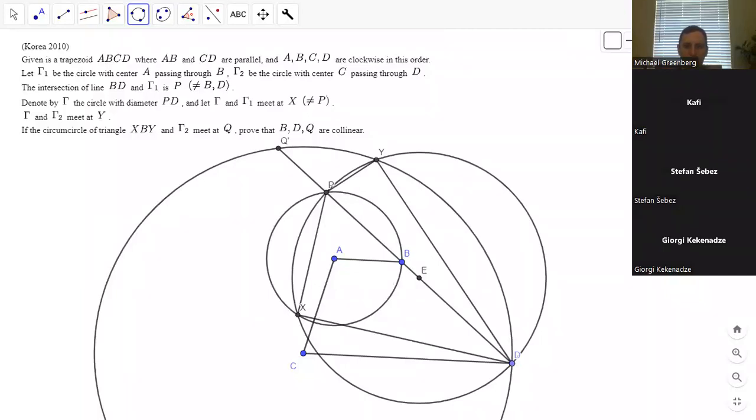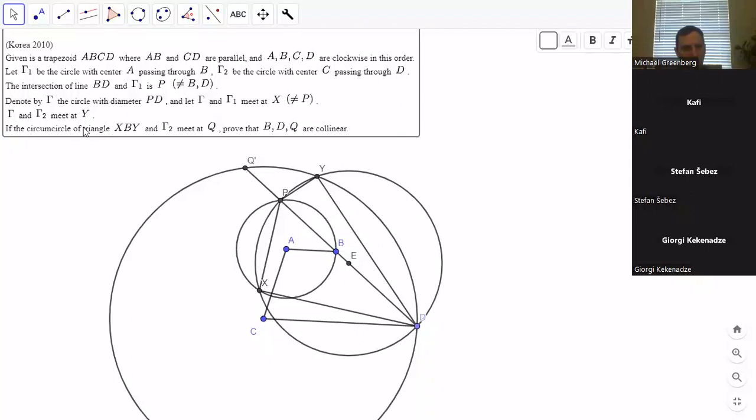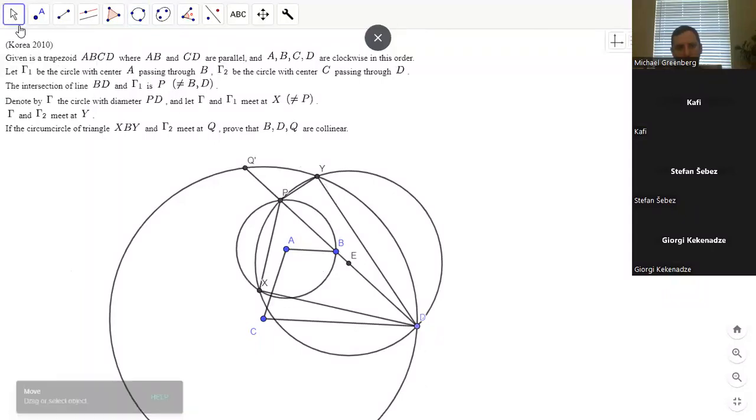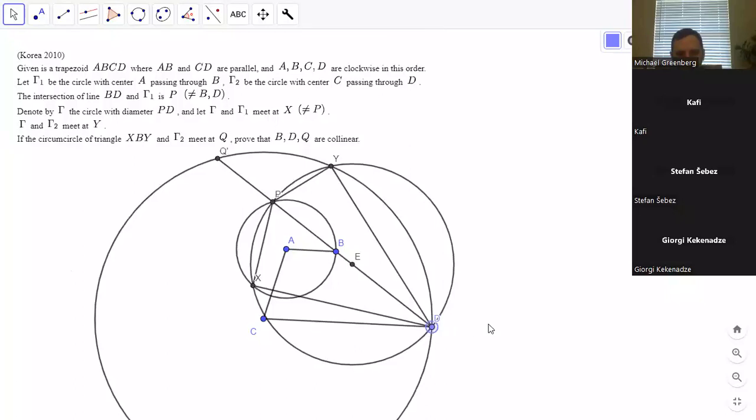Yeah, let's think what the best way is. Let's see. So I feel like there's some point we need to add to this figure.